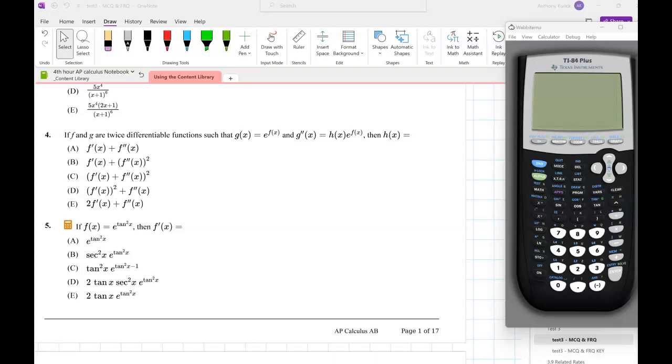So Joey, start by taking the derivative of g, because you want g double prime. You get that, you should be able to figure out what h is, right? So that would be a chain rule, right?